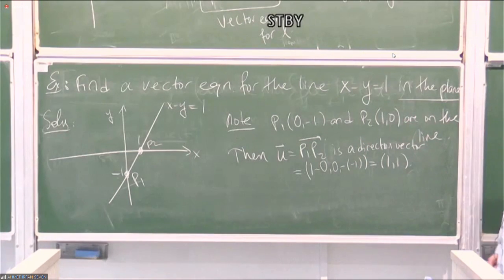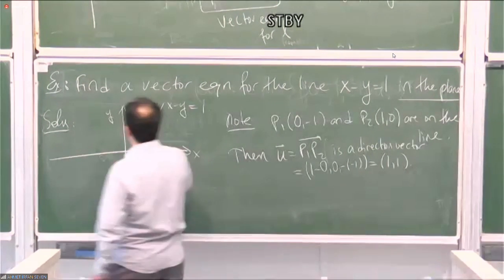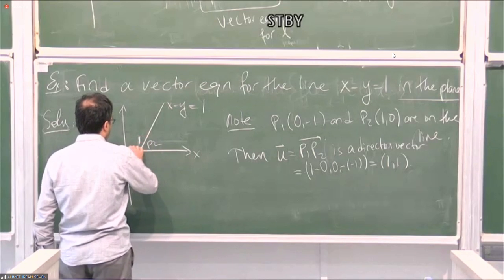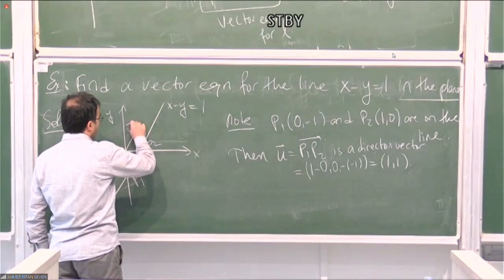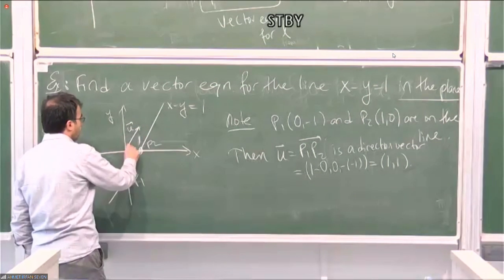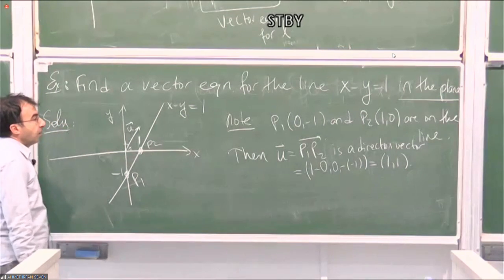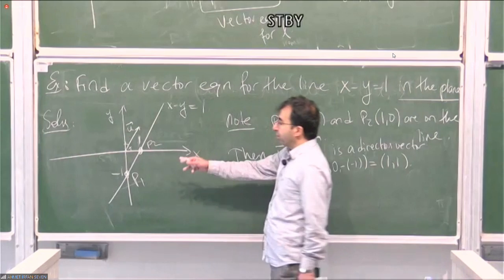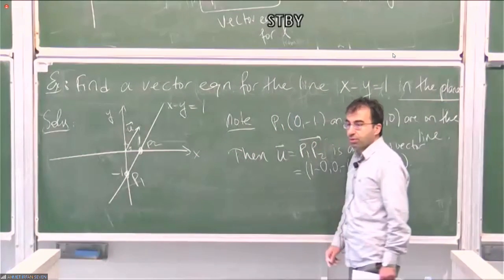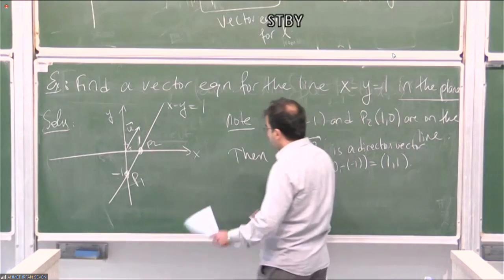This is the direction vector, (1, 1). It is like that, right? A 45-degree angle. Okay, so we know a point, in fact many points on the line, and a direction vector. Let's write the equation then.